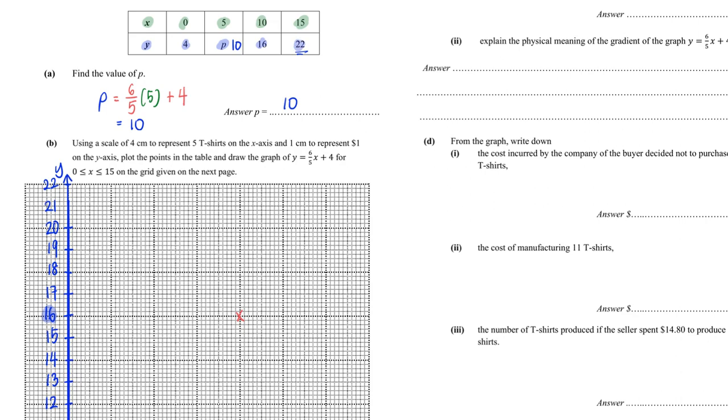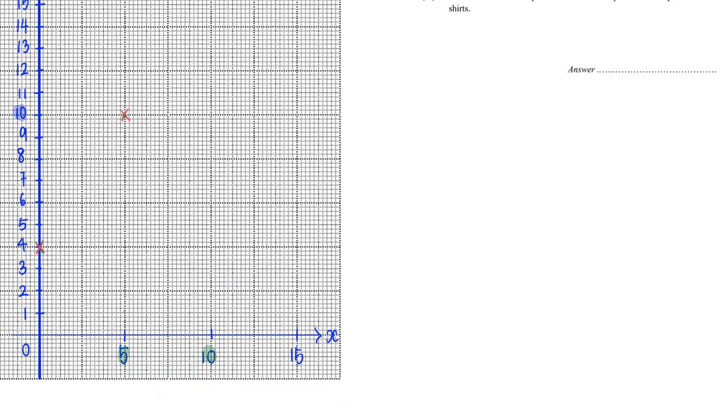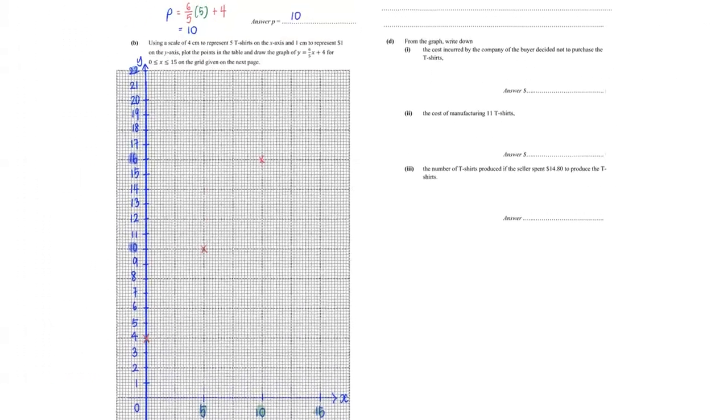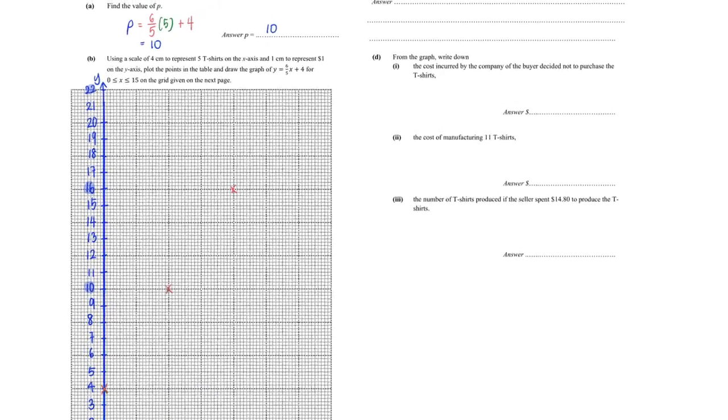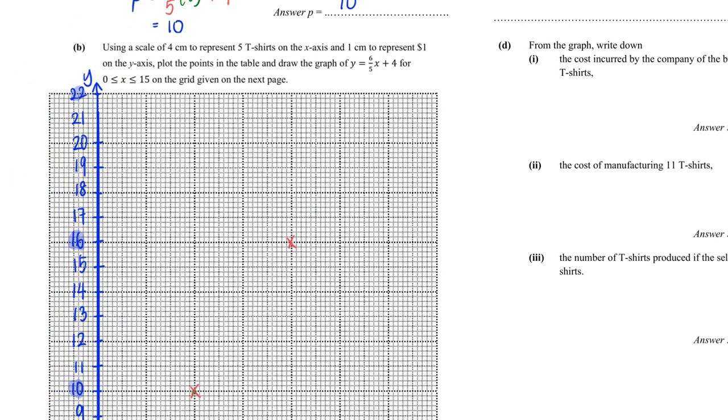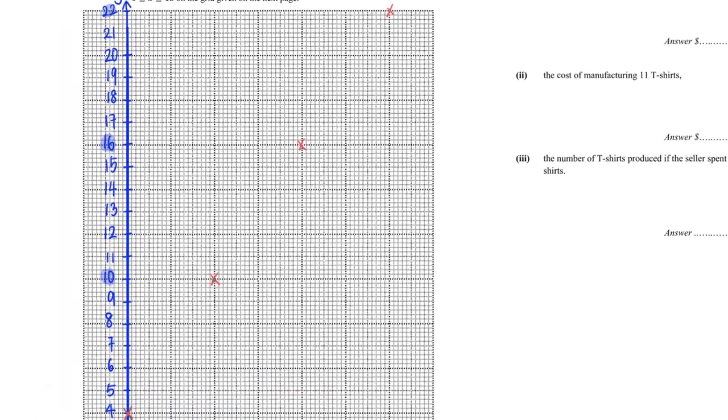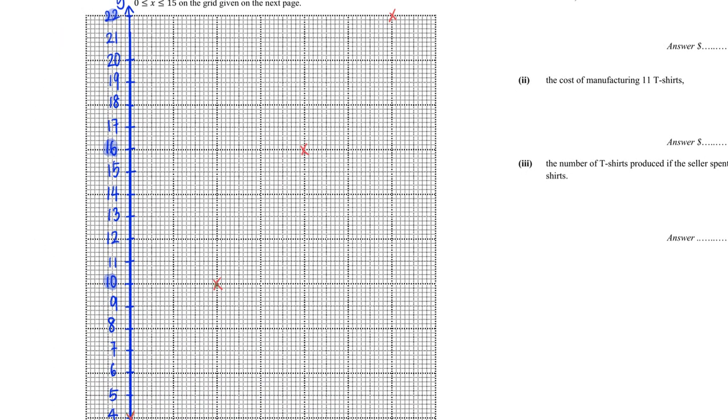So 22 will be here, and my 15 is actually here. If I zoom out again, I should be able to see that it is here. And the last thing to do would then be to join these 4 points.